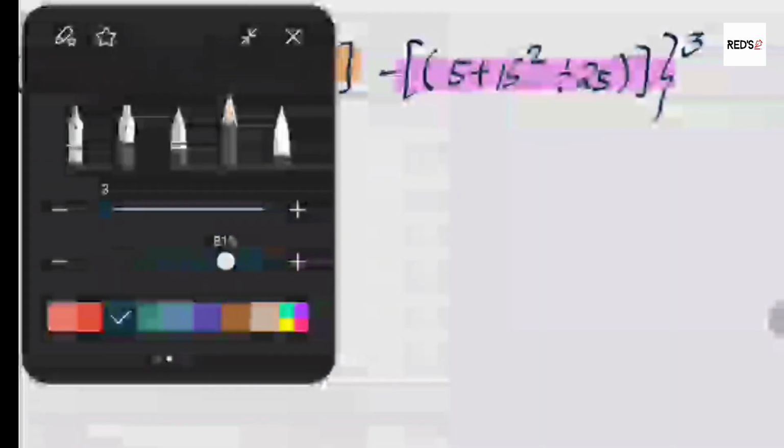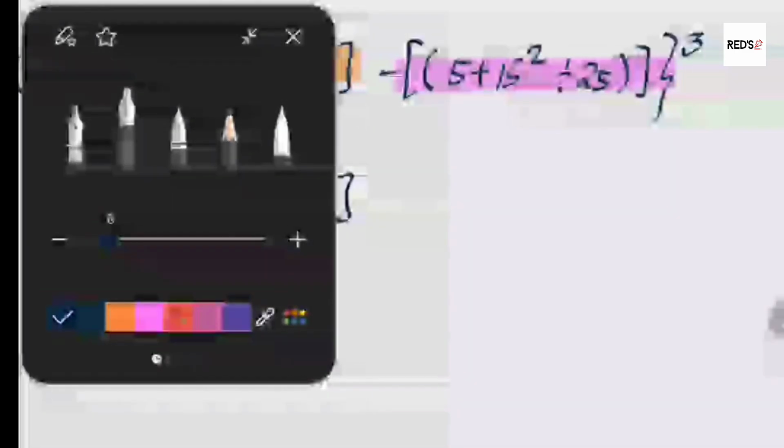In the orange set, we have 27 times 13 raised to 3 raised to 1/3 divided by 3. Okay, so which one should we do first?